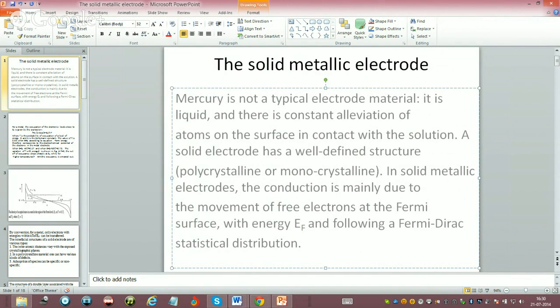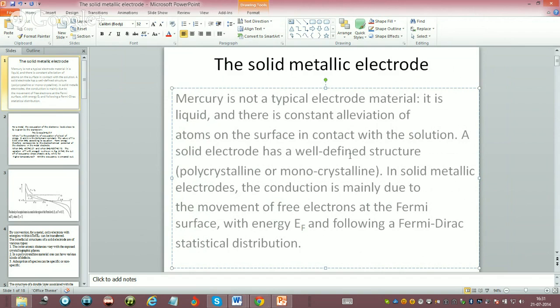But mercury is a liquid, therefore there is constant renewal of atoms on the surface in contact with the solution. Therefore it is not really a stationary electrode. The atoms are changing. So generally that is the reason why people use solid electrodes.